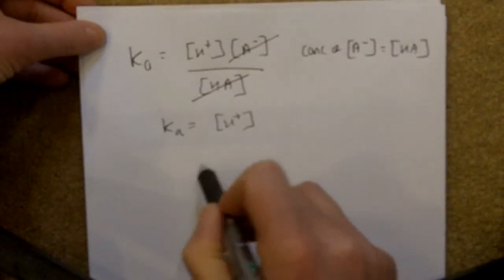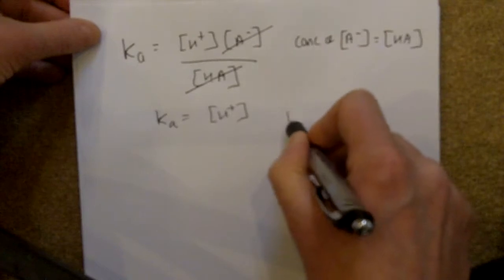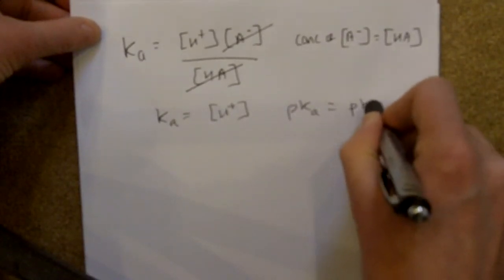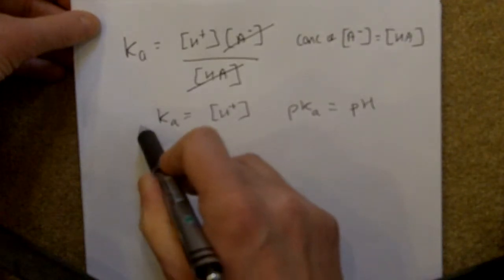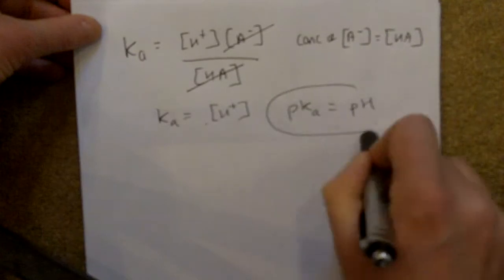Therefore if you minus log both sides, you can say that pKa equals pH, because minus log Ka, minus log H plus: pKa equals pH.